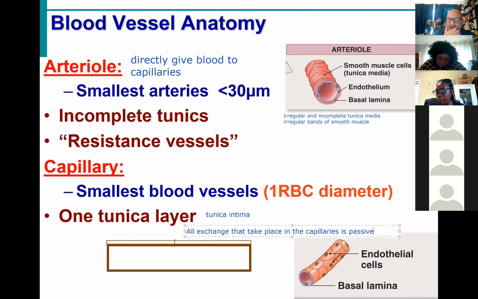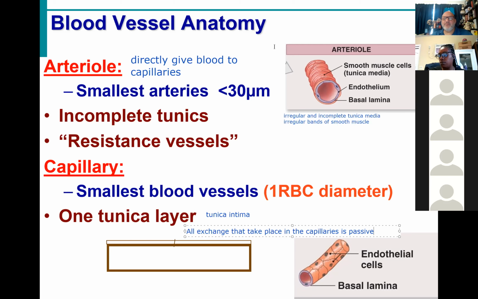Someone remind me again what that means? Doesn't require ATP. So it's solely based on pressure gradients, osmolarity gradients, concentration gradients, things like that. And so it uses basically simple diffusion.